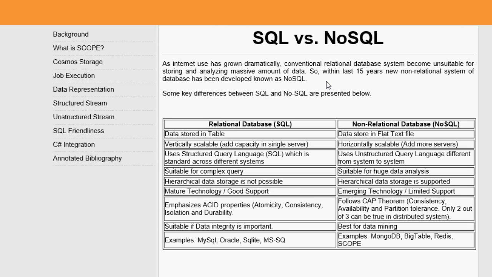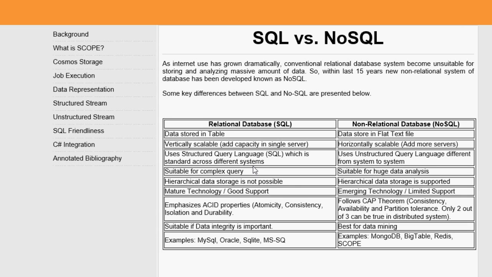A big data solution called NoSQL has been really popular, and this page compares some of the key differences between relational databases and non-relational databases, which are known as NoSQL. You can see in a relational database data is stored in tables, whereas in NoSQL data is stored in flat text files. A relational database is vertically scalable.